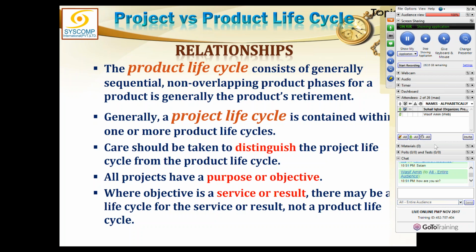Sir, if we relate this life cycle with humans, it means you are saying that even when the child is not born, its life cycle is started? Is it so? Of course. As soon as the child is conceived, the life cycle has started. There might be the phase of conception, in which the pregnancy, 9 months of pregnancy could be one complete phase.